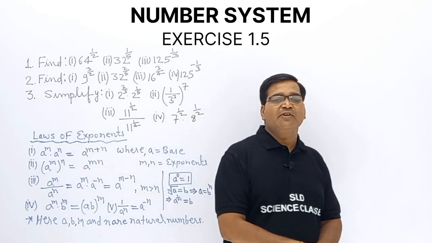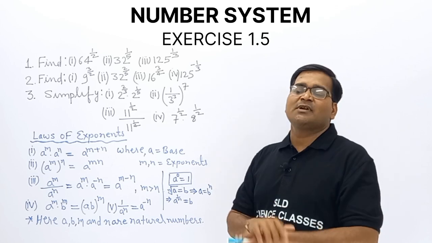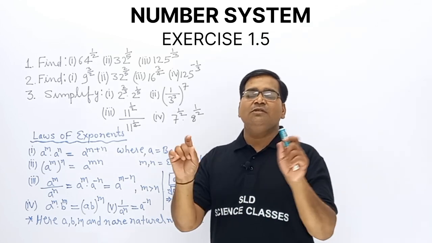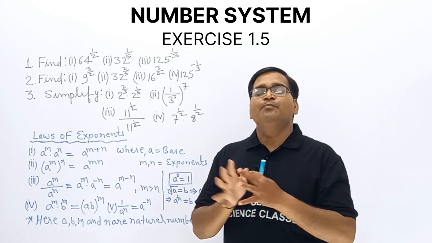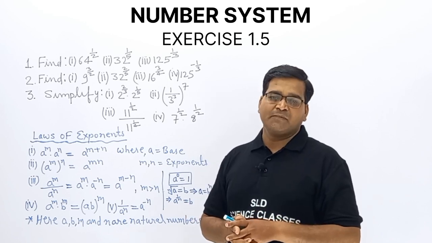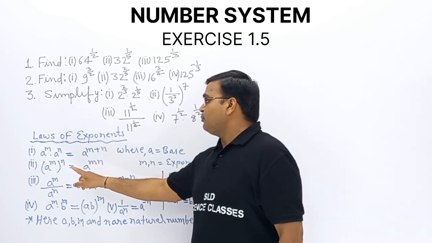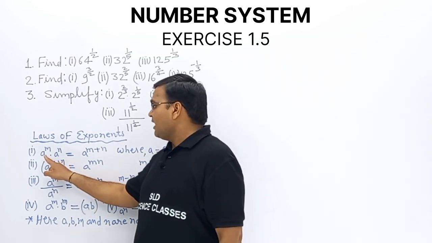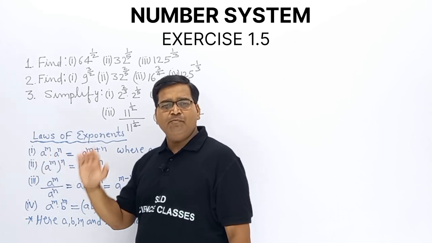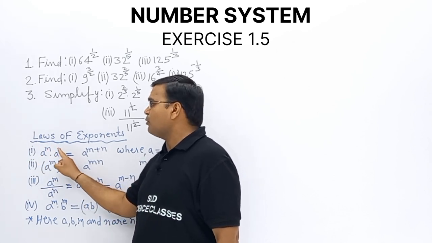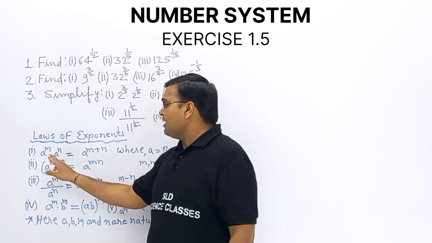So what is the first law of the exponents? If two exponents are given and both are having the same base a, and the powers of these numbers are different or maybe equal, then what we will do?